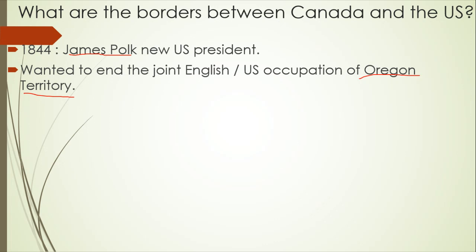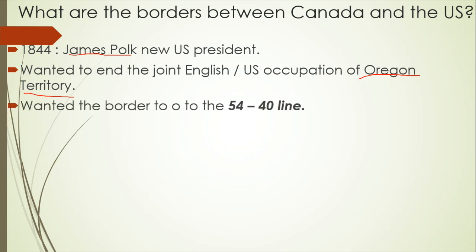Now, President Polk wants the border to be at the 54-40 parallel line. Remember, folks, these are parallel lines. Those are the lines that go across the globe horizontally from the North Pole to the South Pole. They are parallel with each other, meaning that they never, ever touch. So that's what he wants the border to be.